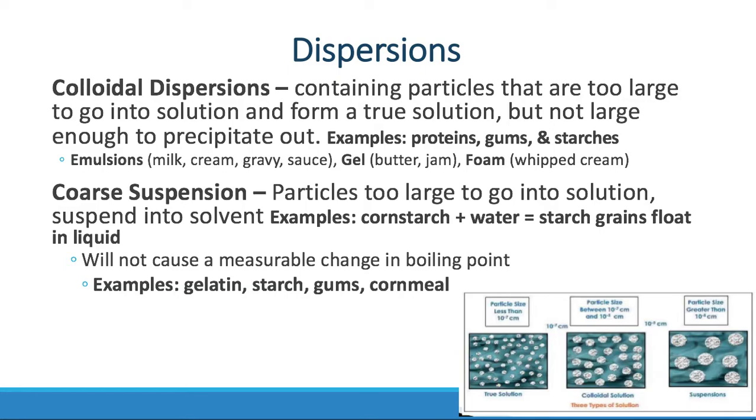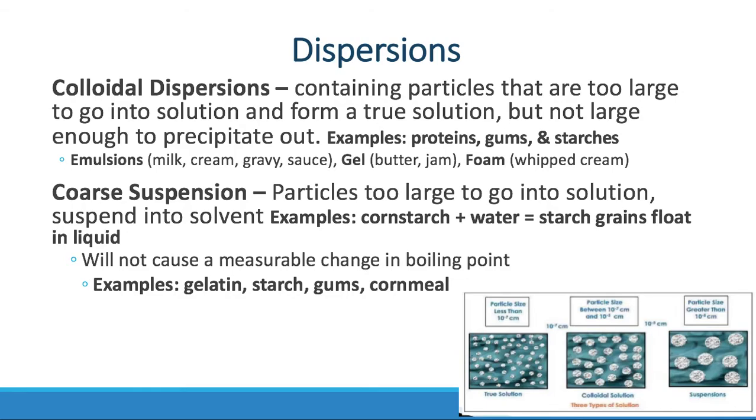You may also have what's known as a coarse suspension. A coarse suspension also is particles that are too large to go into solution. So they're really suspended out in the solvent, or within that continuous phase. So for example, cornstarch within water.